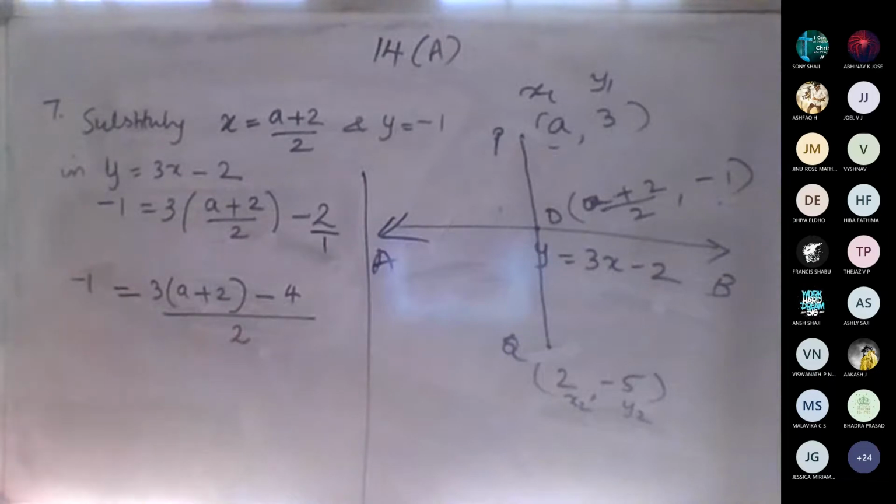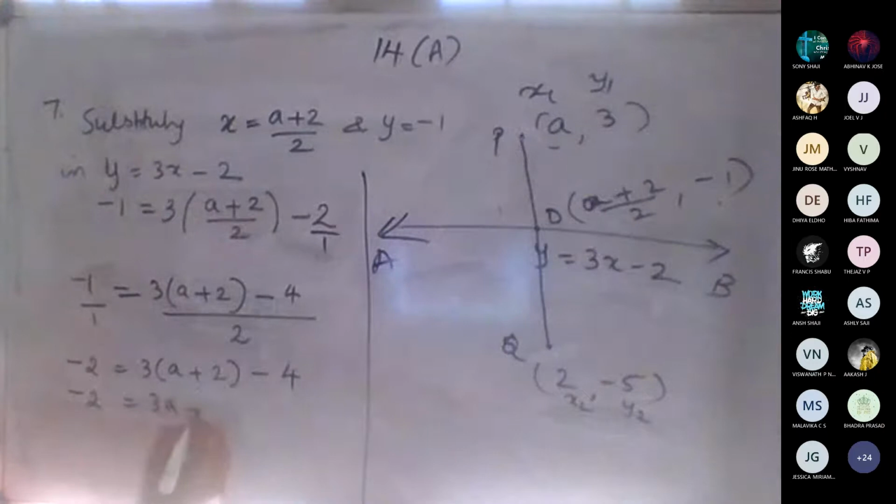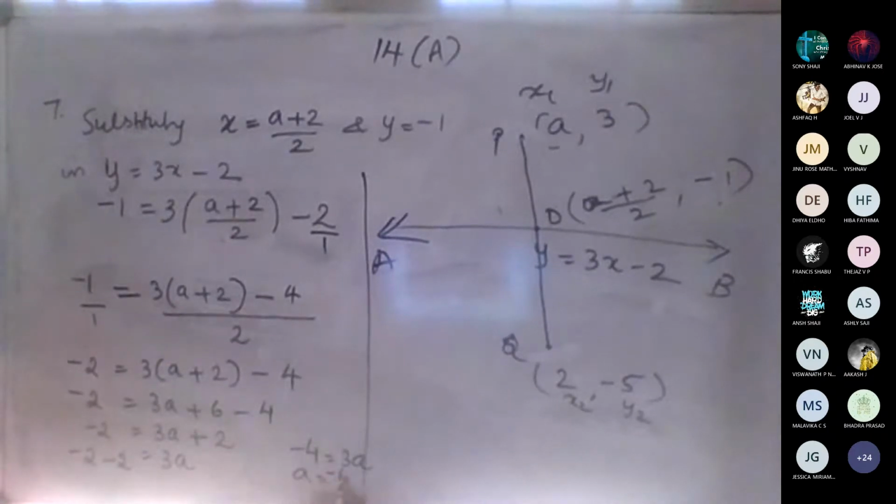Cross multiply. Negative 2 is equal to 3 into (a plus 2) minus 4. Negative 2 is equal to 3a plus 6 minus 4. So negative 2 is equal to 3a plus 2. So negative 2 minus 2, that is negative 4, is equal to 3a. So a is equal to negative 4 by 3.